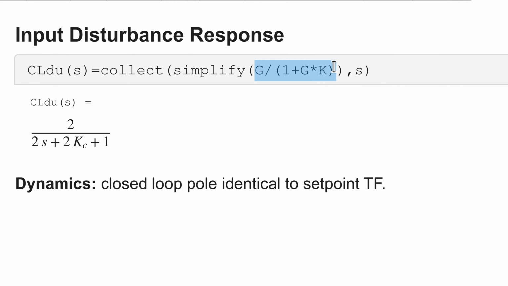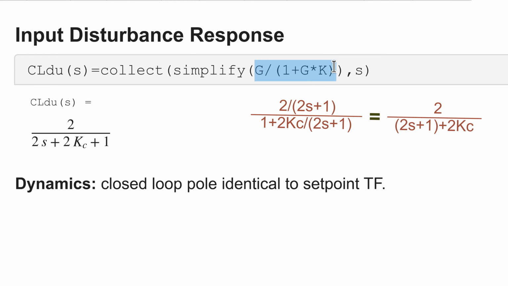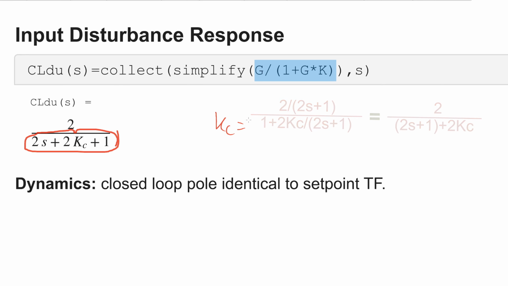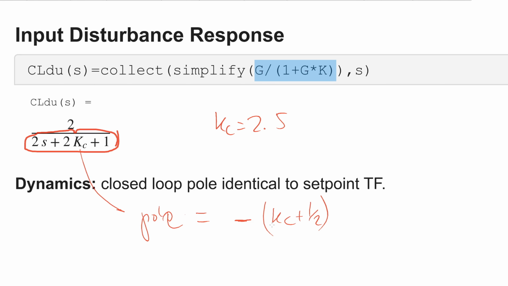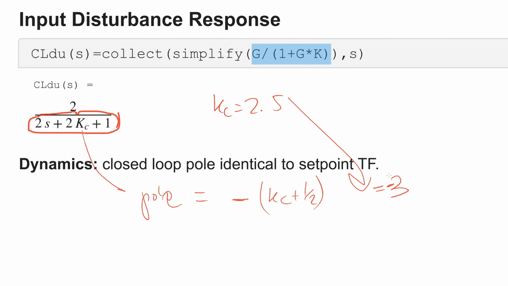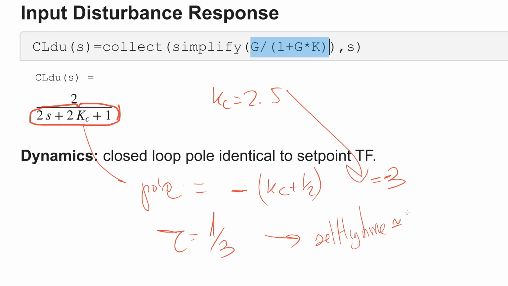If I tell MATLAB to simplify it and put its fraction with polynomials on the variable s, then I get exactly the same denominator, so the dynamics, the poles, the duration of the transient will be exactly the same. So for instance, with Kc equal 2.5, this pole will have a value of -3, time constant will be 1/3, so 95% settling time will be 3 tau, so it will be 1 second.